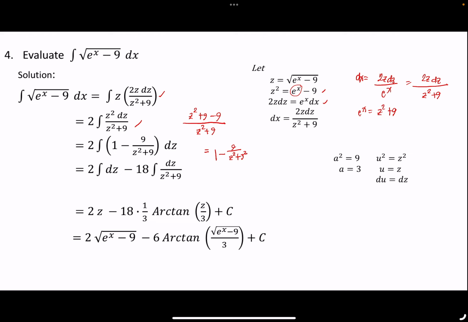So we have this one as the integral of dz, 1 dz. And then we have 9 times 2, 18 dz over z squared plus 3 squared.